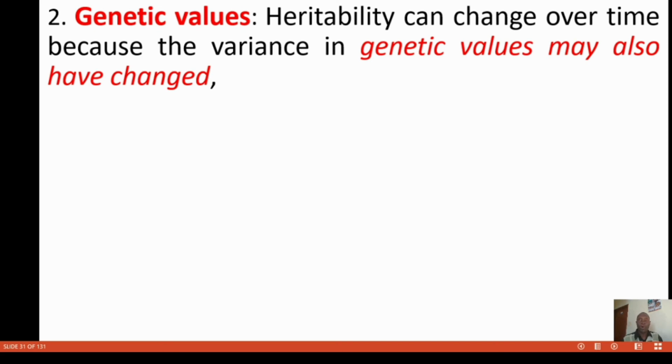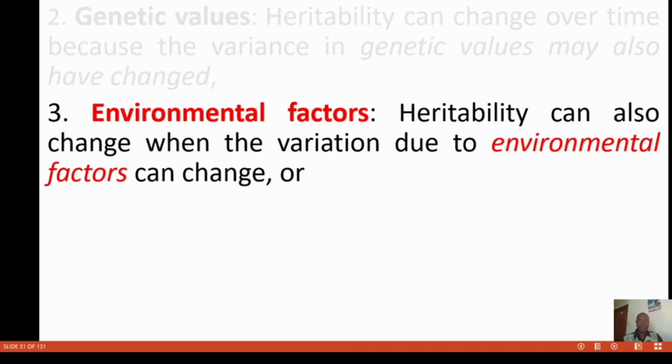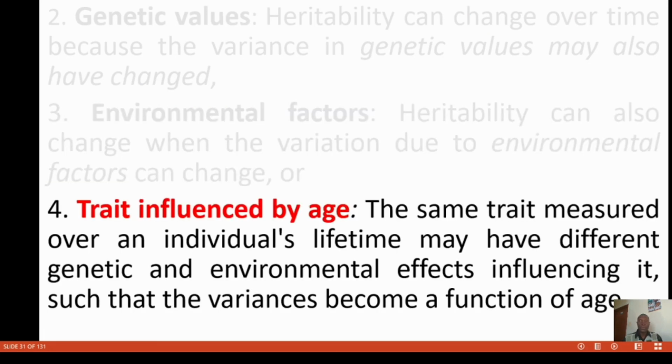Then we also can expect heritability to change over time when the variance in genetic values has changed for some reason or another. Environmental factors can also change. So heritability can change.